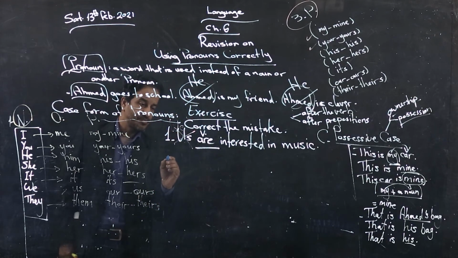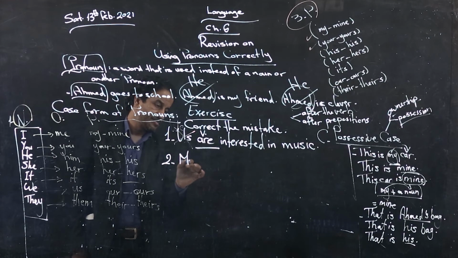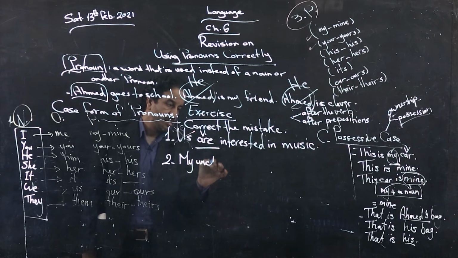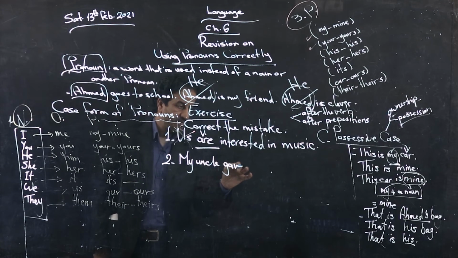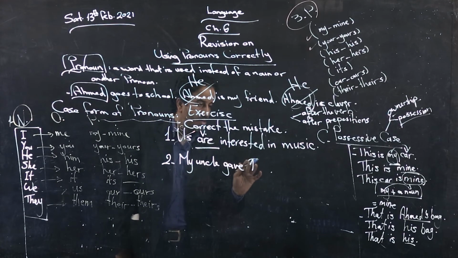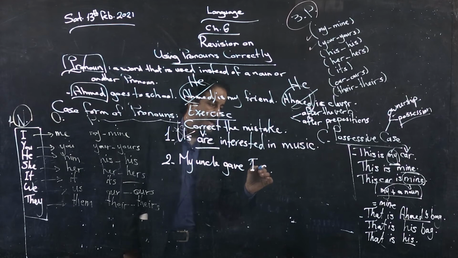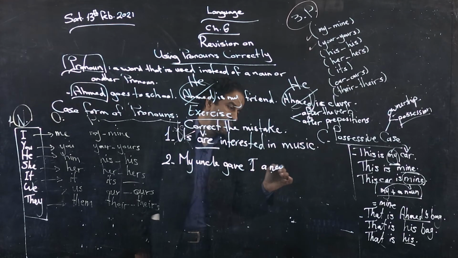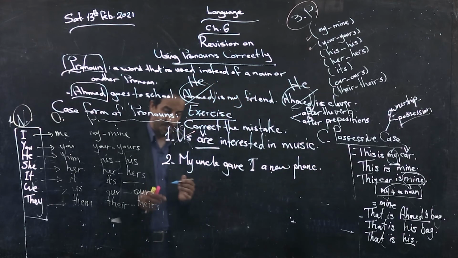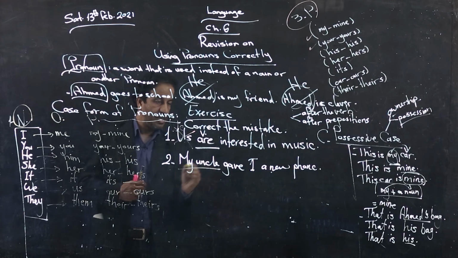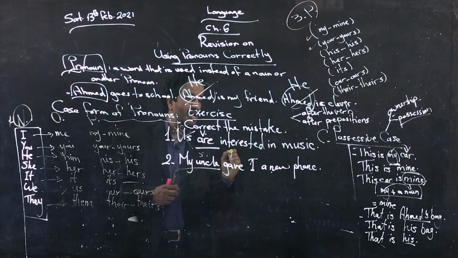Number 2. My uncle gave I a new phone. We have a subject here, uncle, my uncle, subject, and we have a verb.